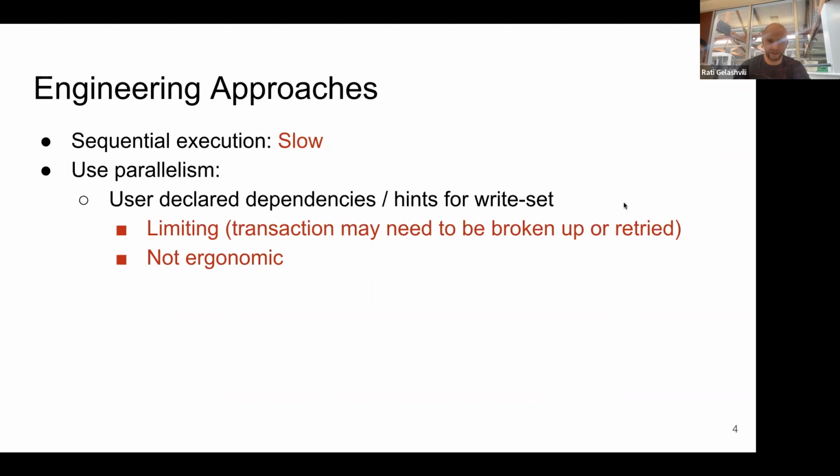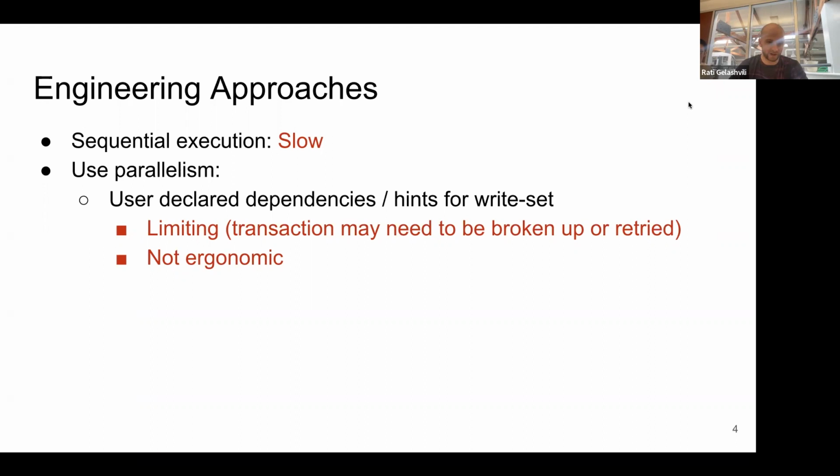So when we have a system that is sequential and slow, the first idea is to try to use parallelism. There are chains out there that utilized it even before we started working on this project, because we also now use Block-STM in production.